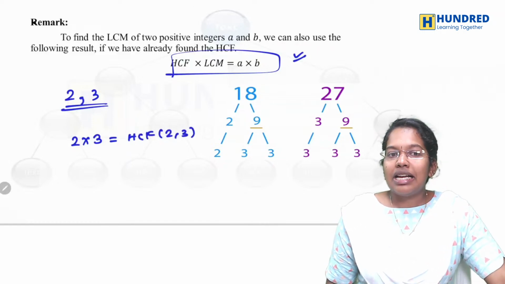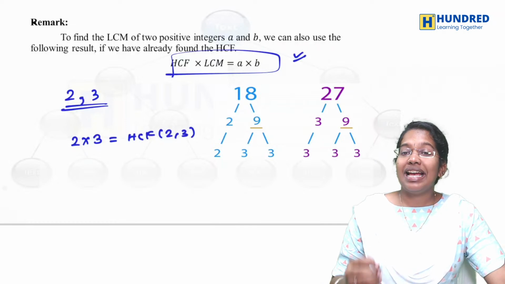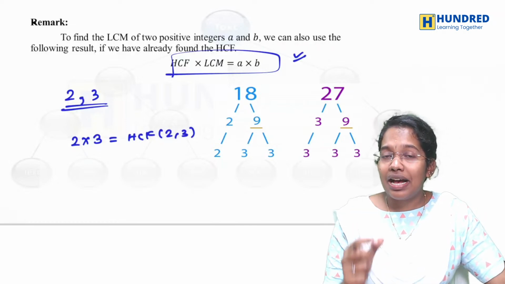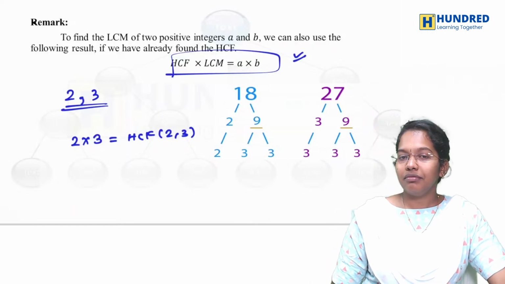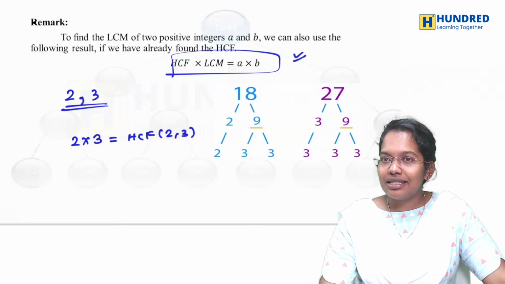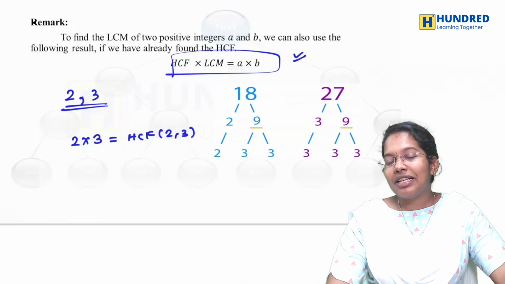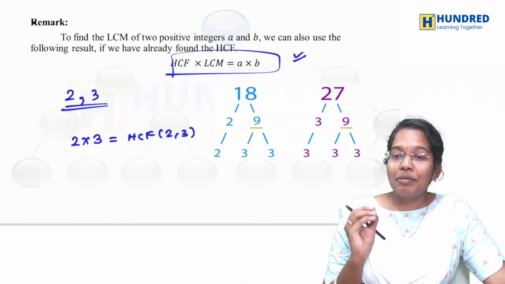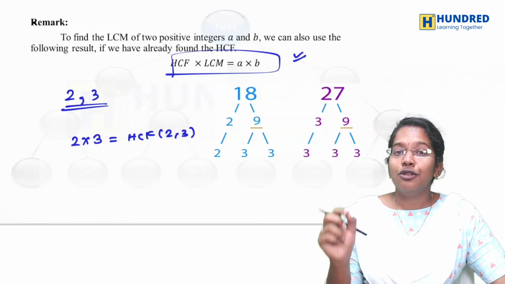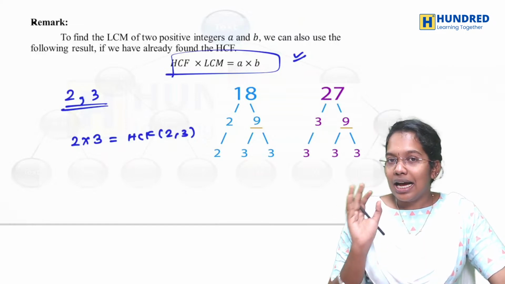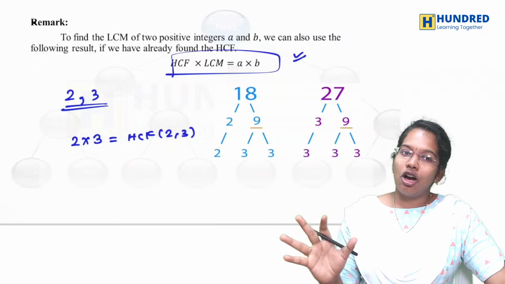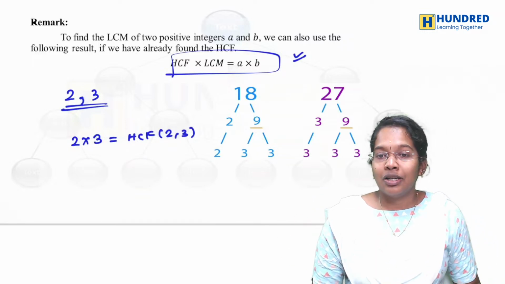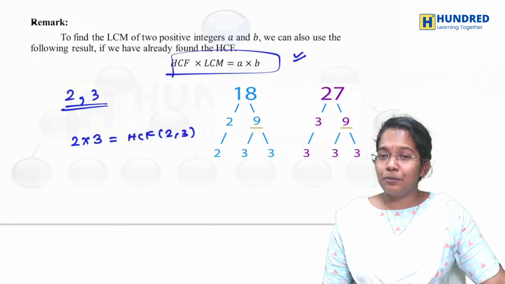People in the live, just answer: what is the highest common factor for 2 and 3? Both are prime numbers, so both will have only 1 as the common factor. So it is simply 1, right?